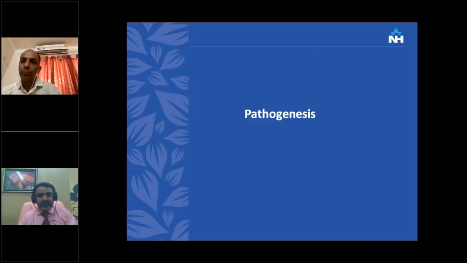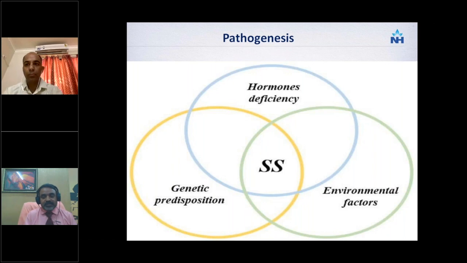So before coming to the treatment, we should know the pathogenesis. Only then can we deal with this patient with disease-modifying drugs. The pathogenesis is a triad of interplay. First, hormone deficiency, because these patients are females who present in the perimenopausal age, so there will be estrogen and progesterone deficiency, or sometimes in premature ovarian failure, the Sicca symptoms present early, before the age of 50.